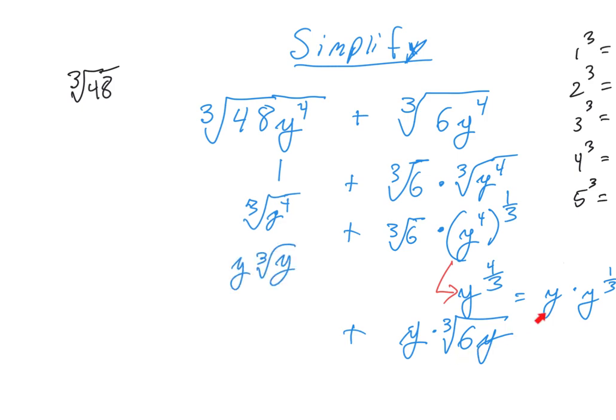It's the same thing as what I had over on this side. Got to that point on that far side over here, so it's going to come down and be the same thing. But here I've got cube root of 48. Is there a number over there on the right-hand side that goes into 48 that's a cube root? And the answer is yes. 48 is divisible by 8. So I can rewrite 48 as the cube root of 8 times the cube root of 6.